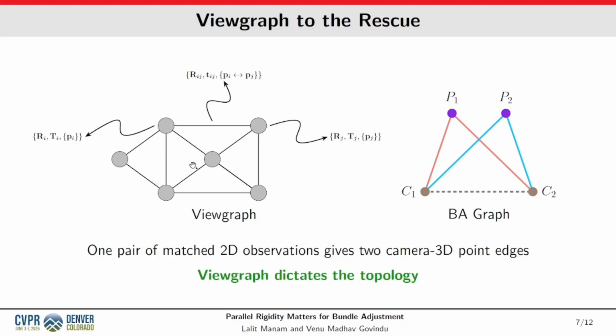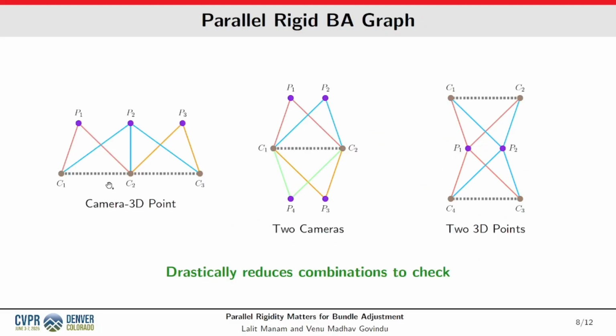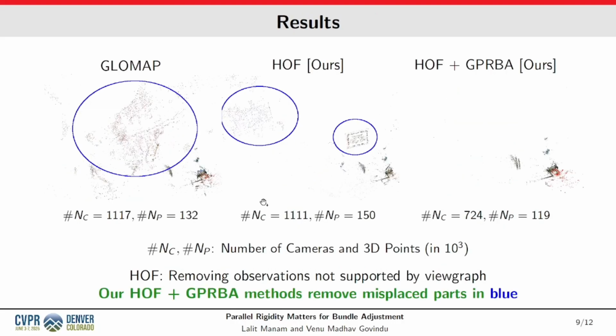Thus, the view graph dictates the topology of the BA graph. And we can infer about the interactions of these 4-length loops through the matched observations in the view graph. This drastically reduces the combinations to check, from which we develop a tractable algorithm for obtaining a parallel rigid BA graph.